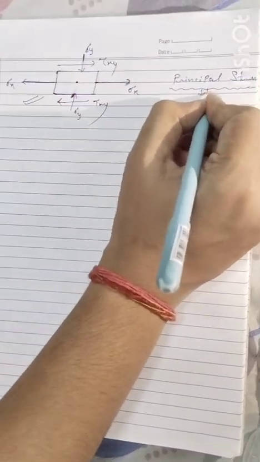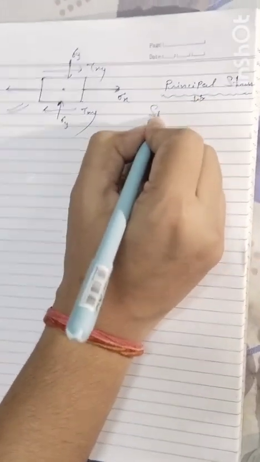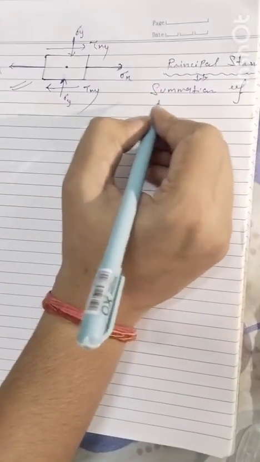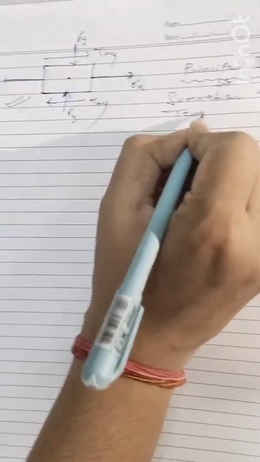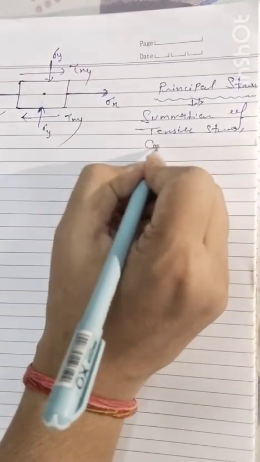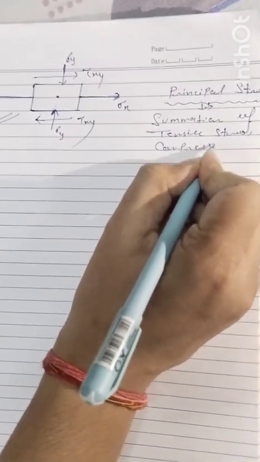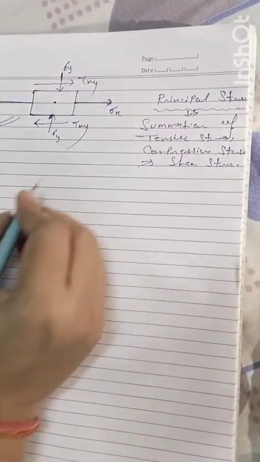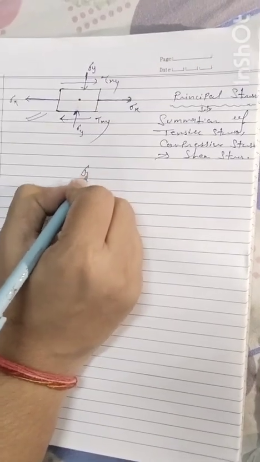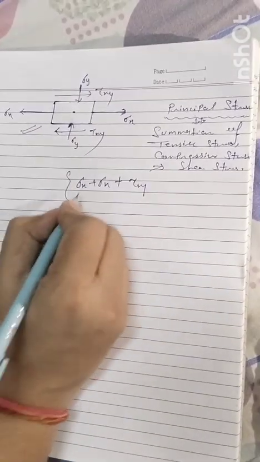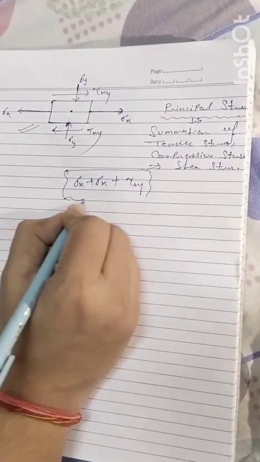We can say principal stress is the summation of tensile stress, compressive stress and shear stress. If we have sigma x plus sigma y plus tau xy, then we can easily find the principal stresses.